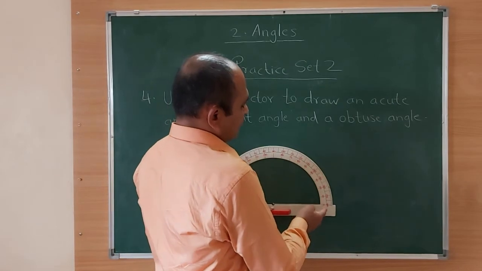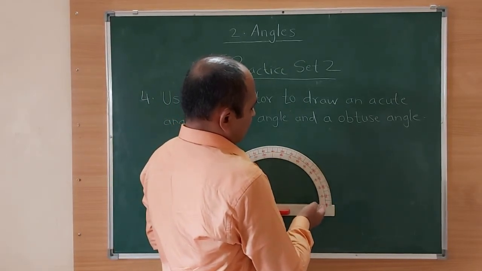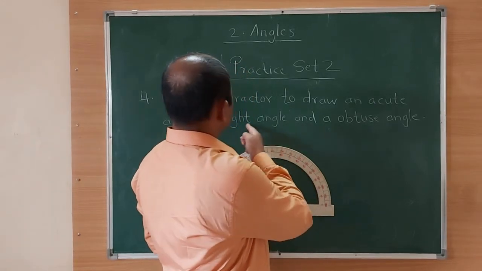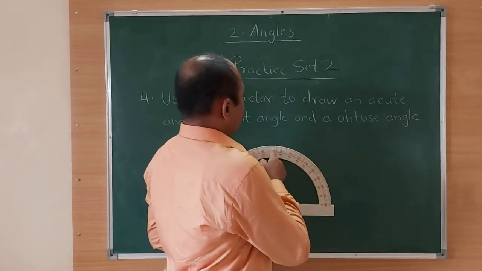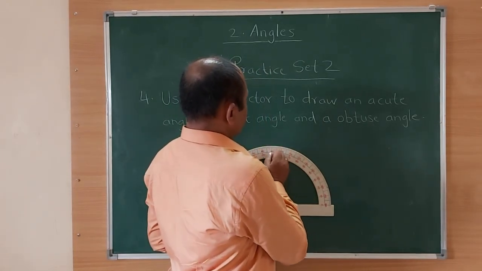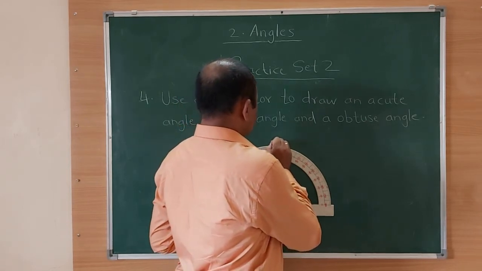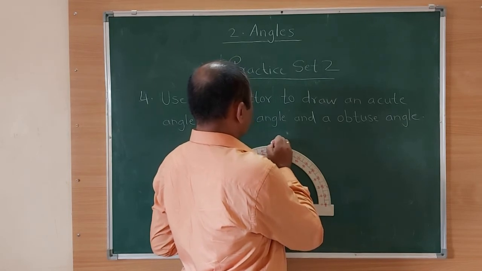I start measuring the angle: 0, 10, 20, and so on. I am told to draw a right angle, so I have to draw an angle of 90 degrees. Here 90 degrees is the mark, so with the help of my chalk I will mark one point here.